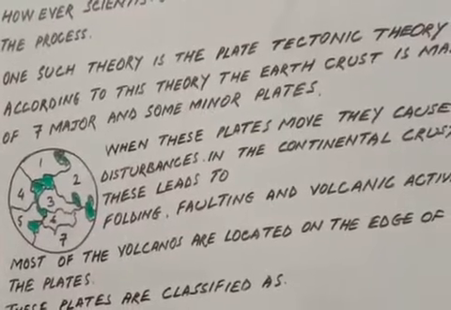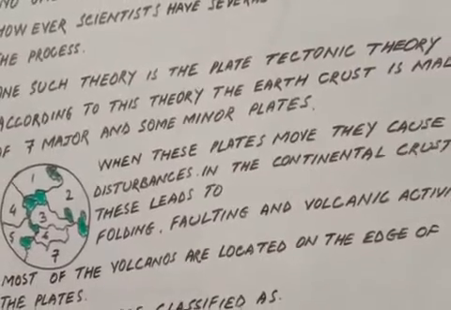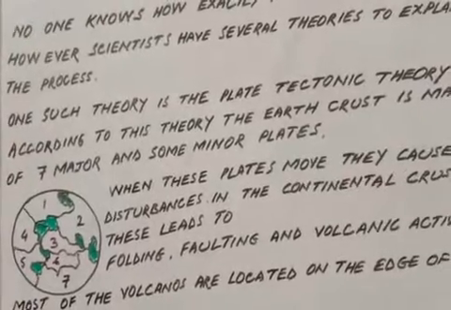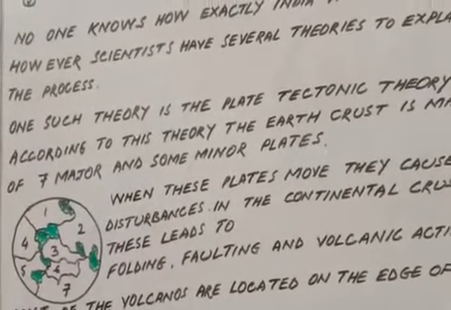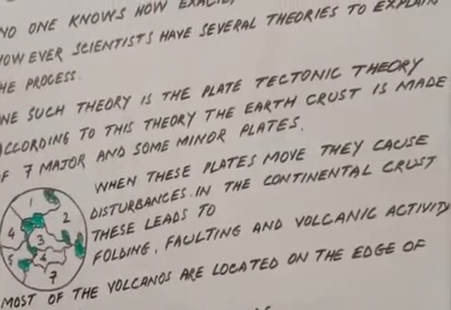Now note that most of the volcanic activities happen on the edge of the crust. That means, say, plate 1 and plate 2, on the boundary line, most of the volcanic activities and earthquakes happen.